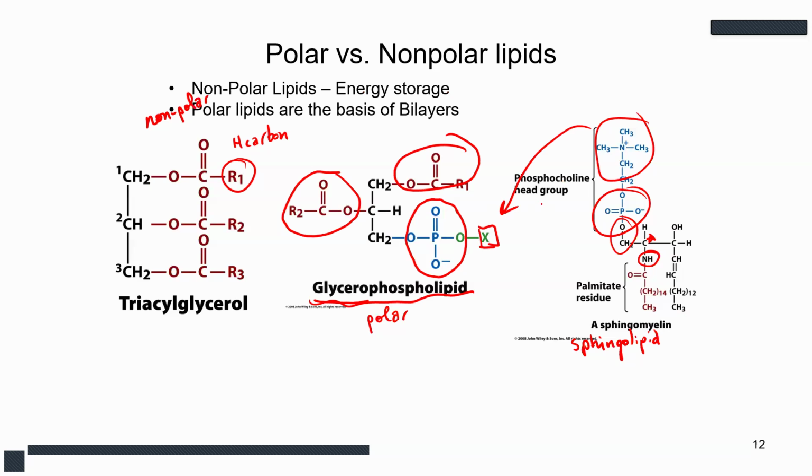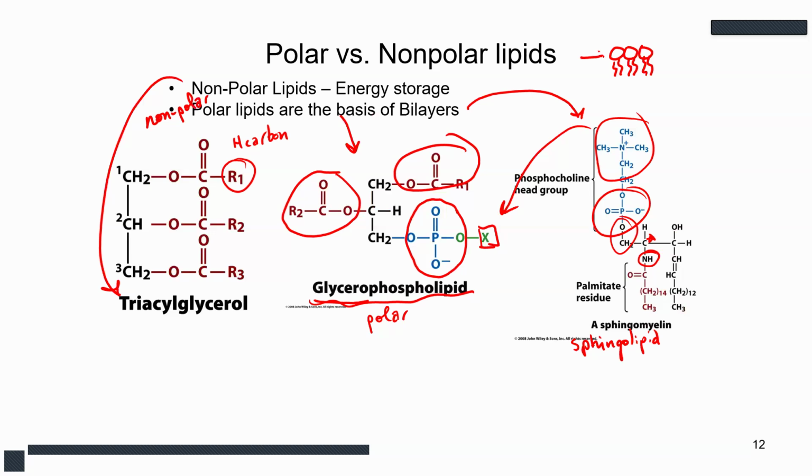Now, your nonpolar lipids are going to be your energy stores, so your triacylglycerols. Your polar lipids are the basis for your bilayers. So when you think about a lipid bilayer, and if you've ever taken a cell biology or molecular biology class, when somebody draws a lipid bilayer, they draw it like this. 2 tails. 2 tails on the end of that head group.